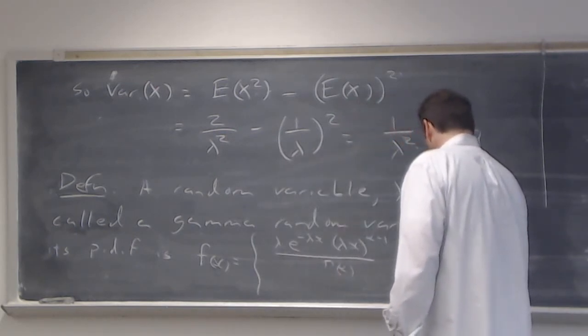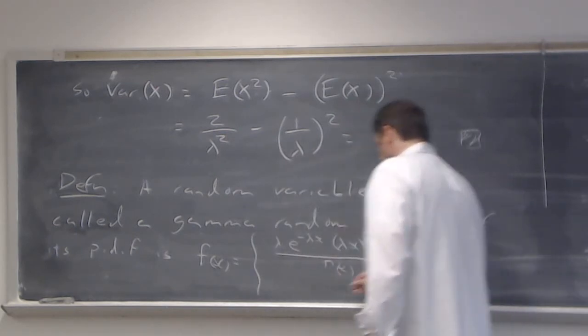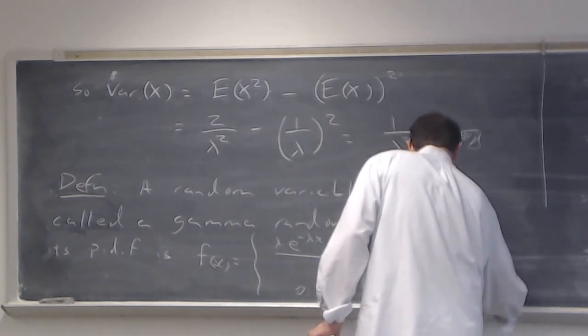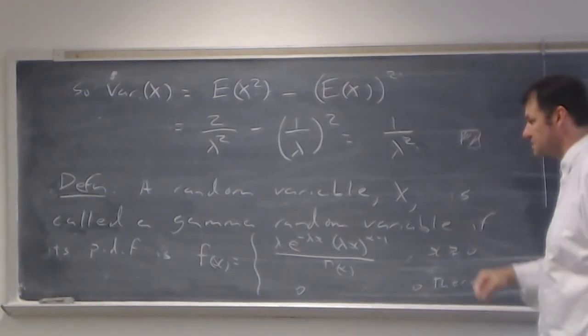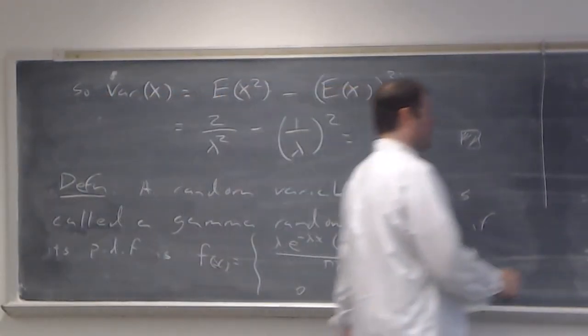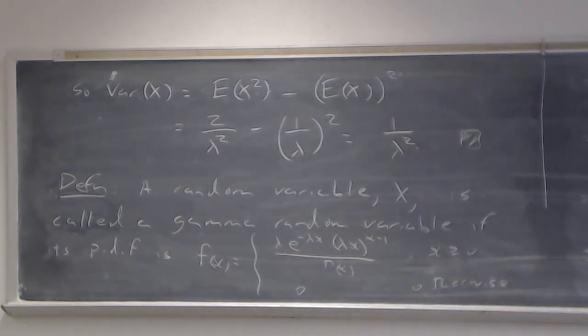Here x is greater than or equal to 0, and it's 0 otherwise. So that's its PDF. And I need to write down things about the specific quantities involved, lambda, alpha, and what was gamma alpha.